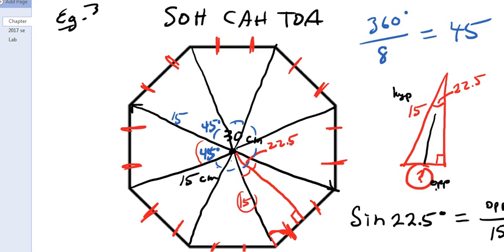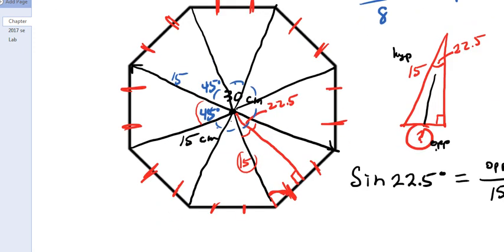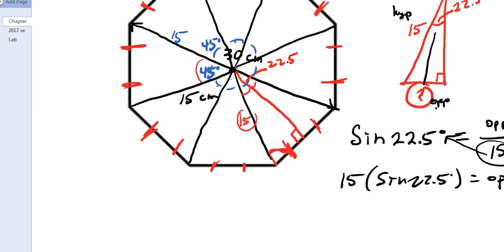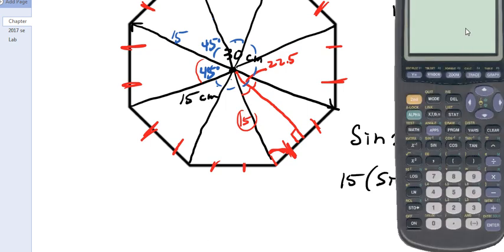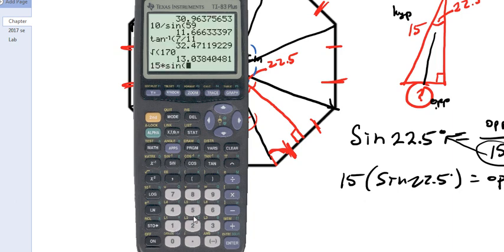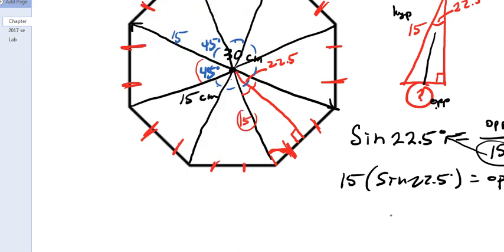And so on our calculators, to find the opposite side, we have to multiply 15 by both sides. So that's going to be 15 times sine of 22.5 equals our opposite side. And we get 5.74. You guys get that?